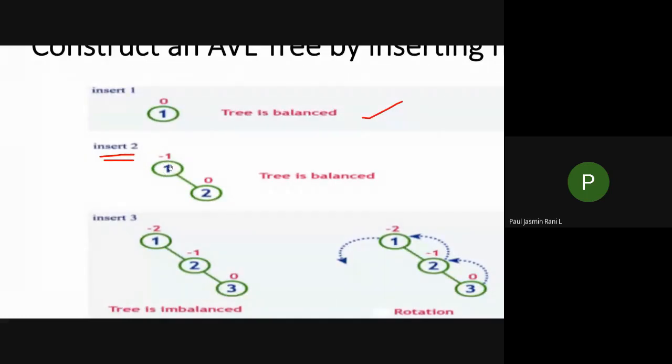Height of the left subtree: here you don't have any elements at the left side, therefore you mark it as 0. Then 0 minus 1, since you have only one level at the right subtree. You get the answer minus 1.